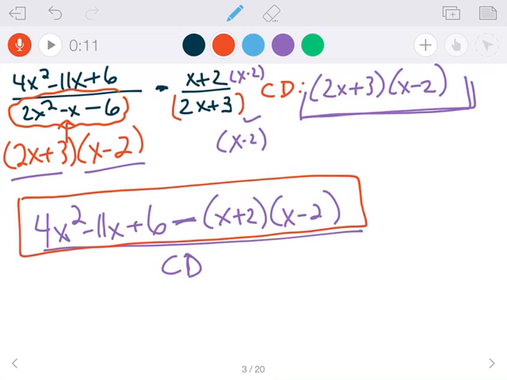We have the first part in standard form and the second part is in factored form. And in order to actually do the subtraction here, they need to be in the same form. And standard form is definitely going to be easier. So I'm going to multiply out the x plus 2 and the x minus 2 to see what we get.